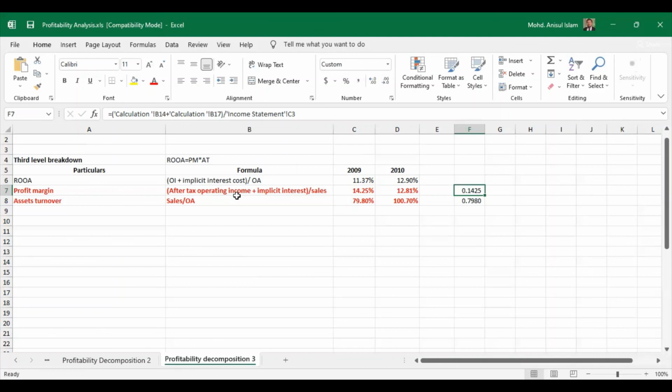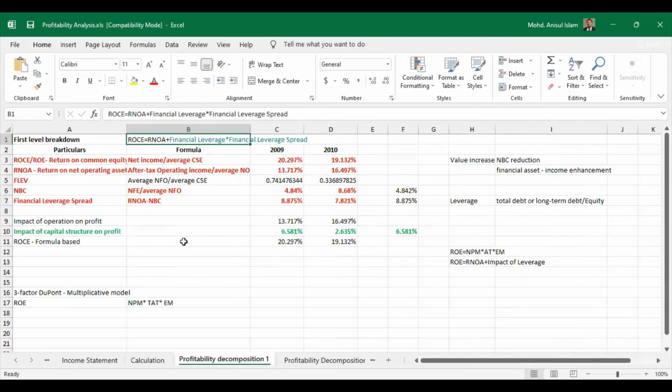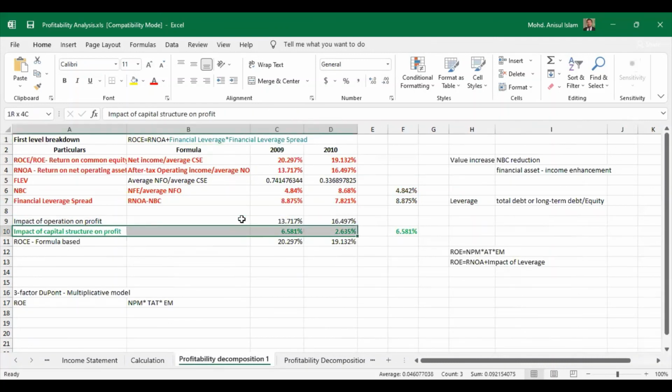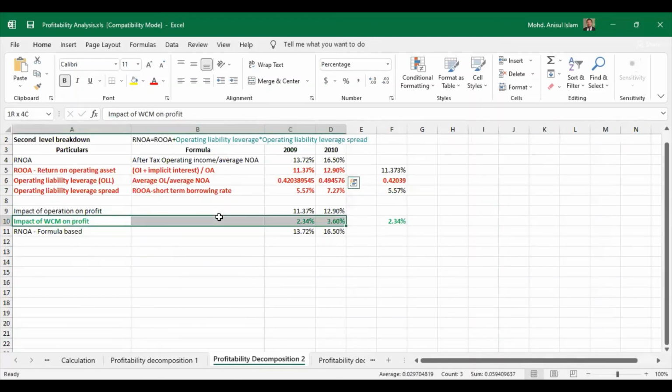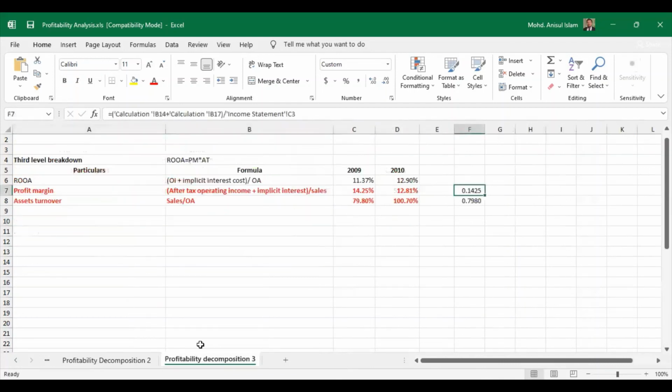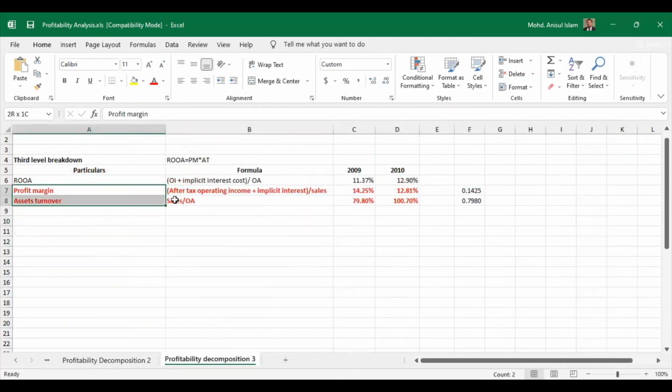If we look at profitability decomposition 1, we see value coming from financial leverage, which we identified here, and we also identified value from working capital management. In the level 3 breakdown, we identified that value can also come from profitability and asset turnover, or efficiency.